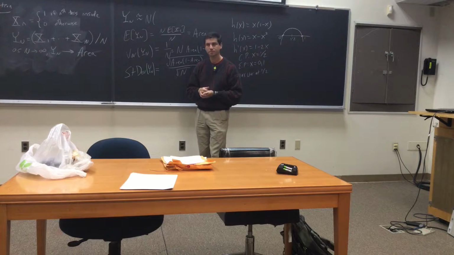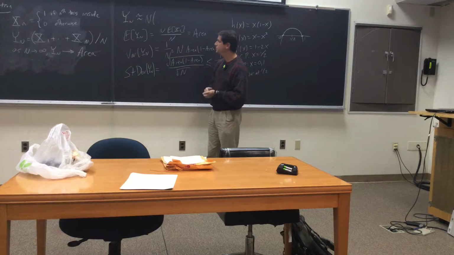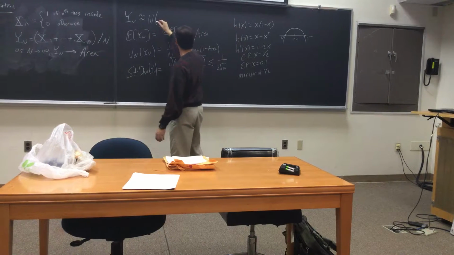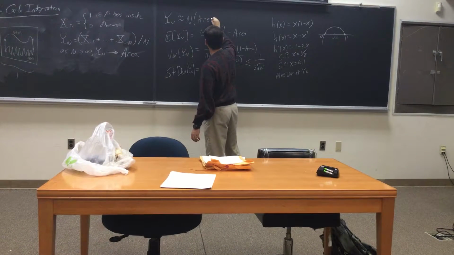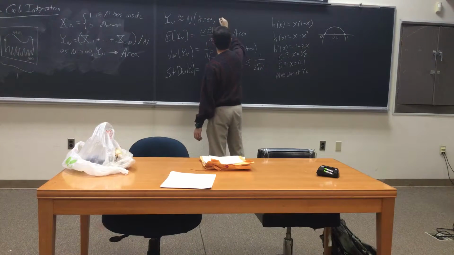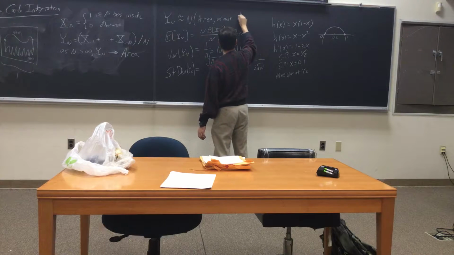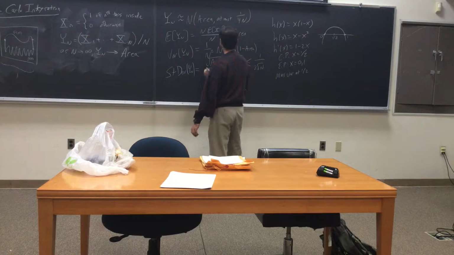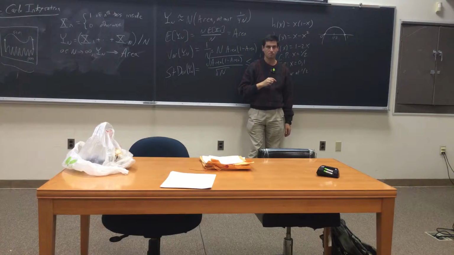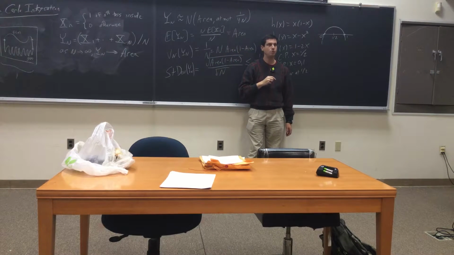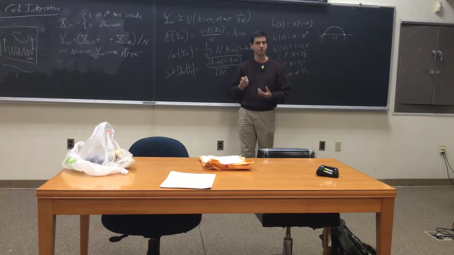Okay? So now, this is going to converge to a Gaussian, the normal with mean area and variance at most 1 over 4n. And now what you can do is build confidence intervals.